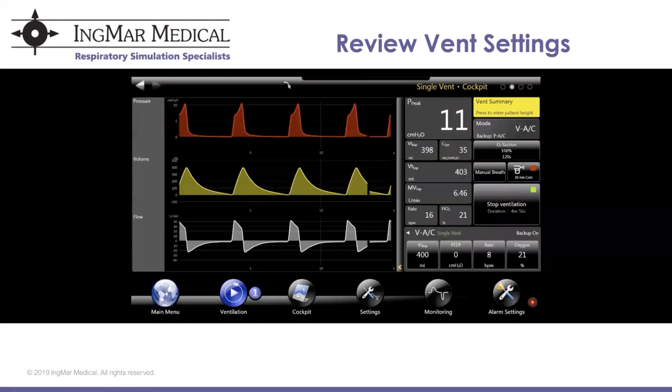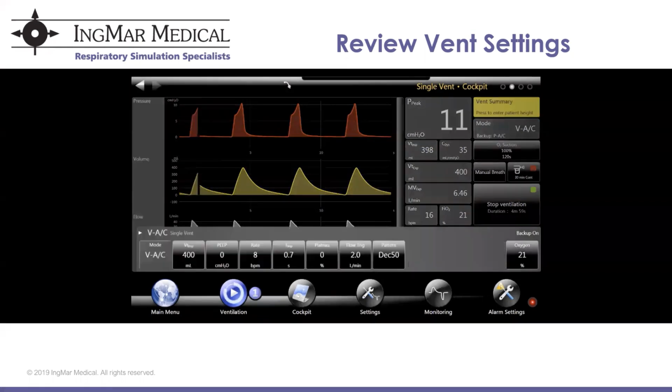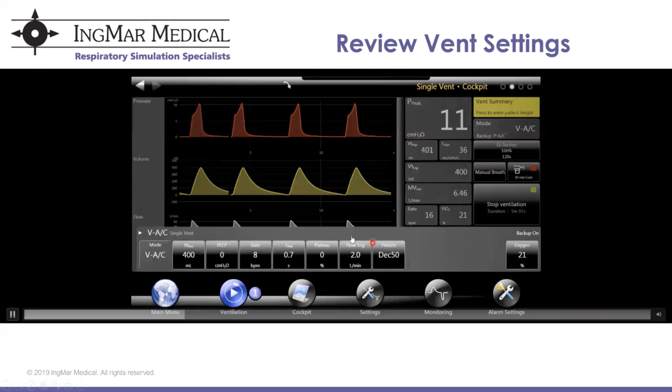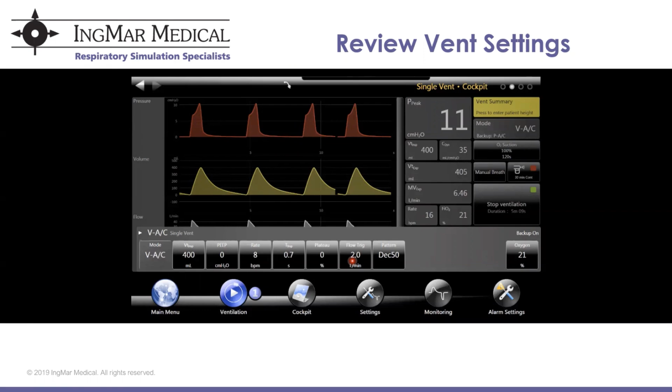Now, when we do this with the ventilator, we are using volume control with a flow trigger of 2, and the mode is assist control. That means we expect every single breath of the patient to be triggered, or recognized, by the ventilator.